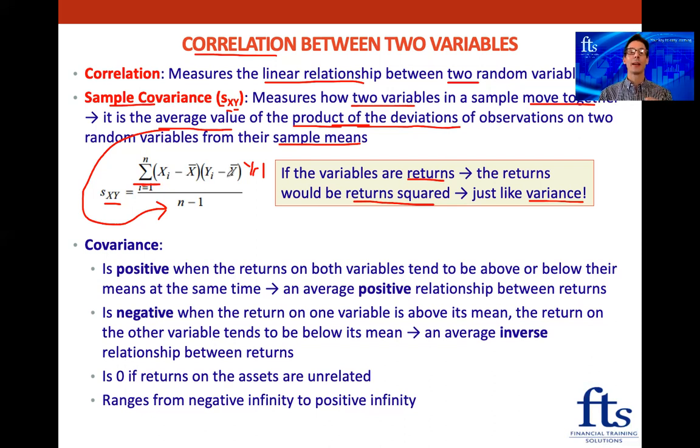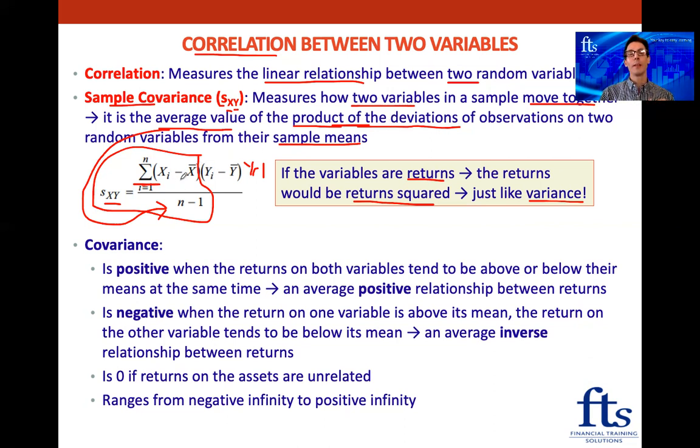So in actual fact, as I was hinting, this formula is very, very similar to the variance. If I circle this here, what have I just circled there? That in actual fact is very, very similar to the variance, which we do for just one variable. And remember, for the variance, all we had here was this deviation squared. So the only difference now for covariance is we're looking at two variables.